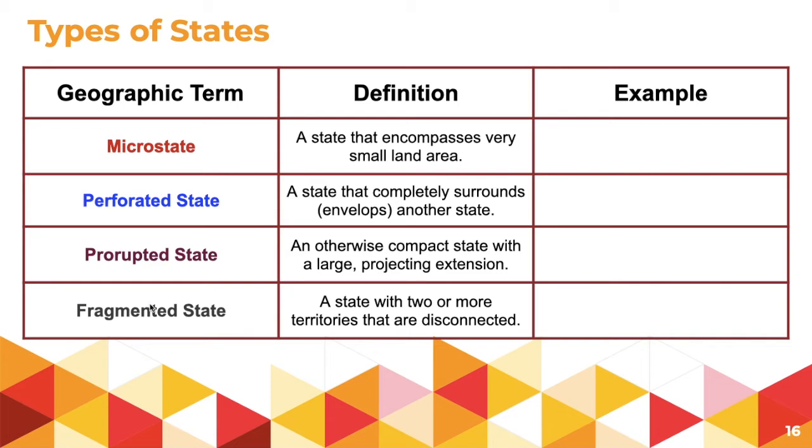And finally, a fragmented state. A fragmented state is a state with two or more territories that are disconnected. The United States of America would be a fragmented state because we have the 48 contiguous states, of which Indiana is a part, but we also have Hawaii, Alaska, Puerto Rico, American Samoa, all these states and territories that are U.S. land but are disconnected from the majority of the country.